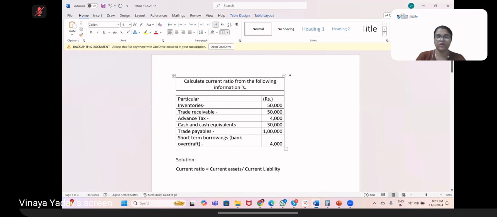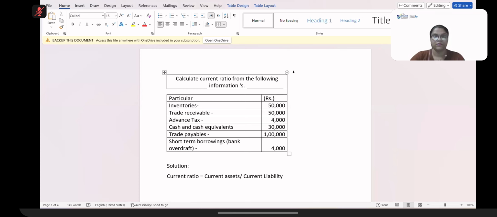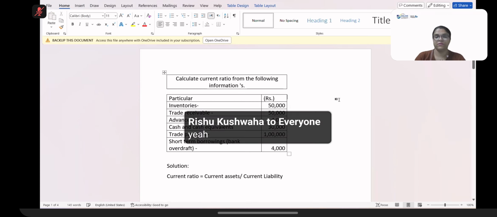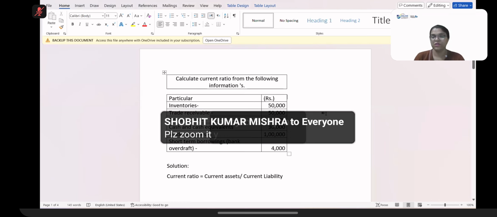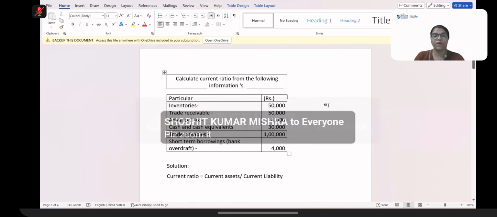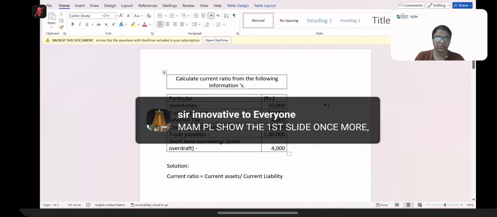I think my screen is visible to everyone. So we'll solve some sums to understand how basically this works out. How are we going to use the formulas? How you will get the questions? Okay.